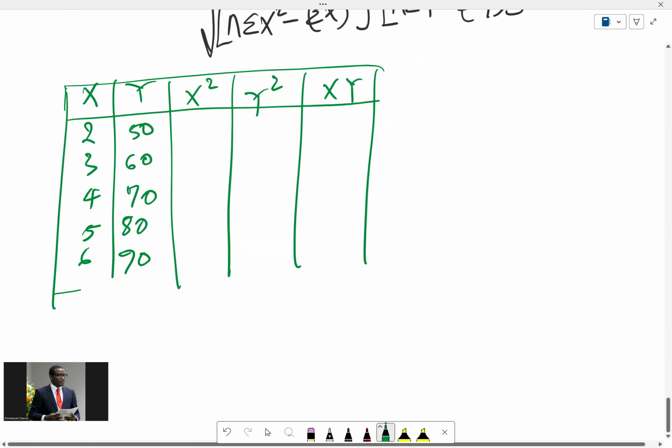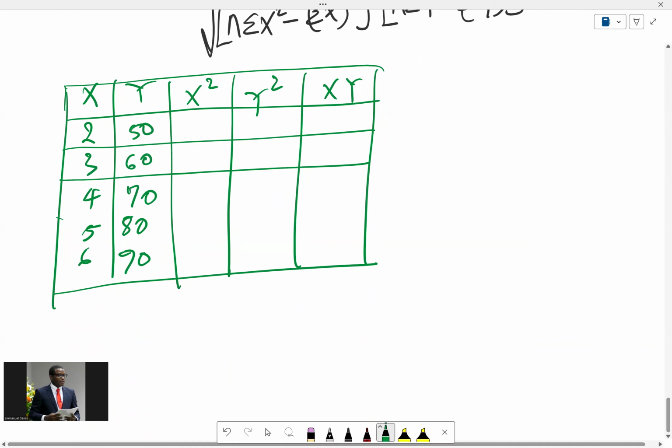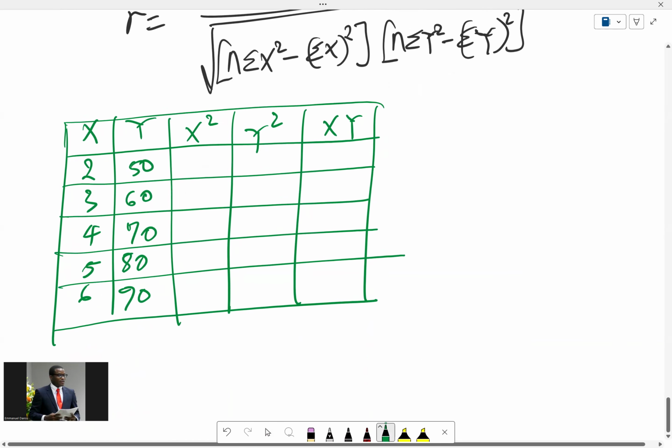So now this is the kind of thing we have. For the X squared, I guess I can color code for emphasis. 2 squared is 4, 3 squared is 9, 4 squared is 16, 5 squared is 25, 6 squared is 36.